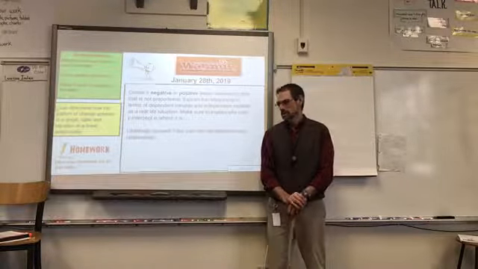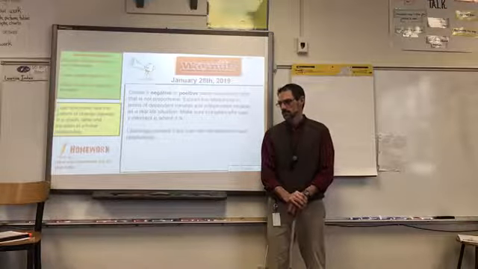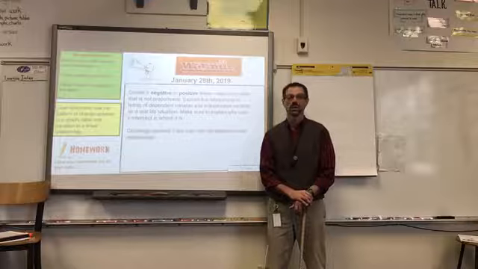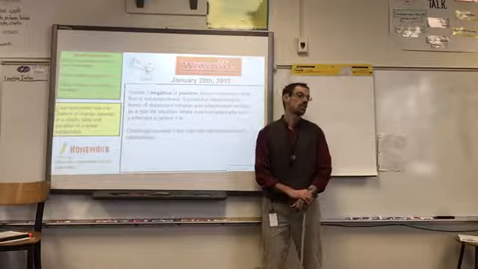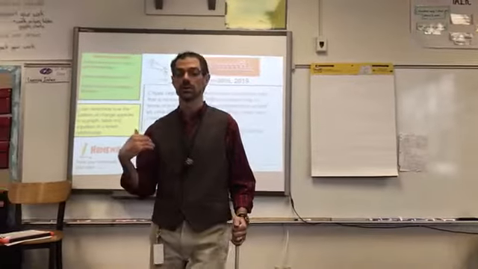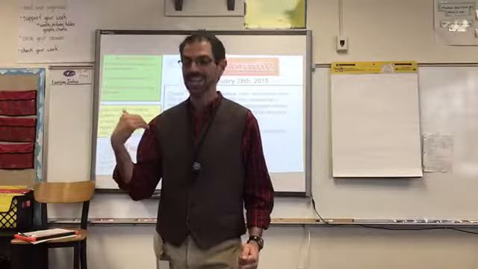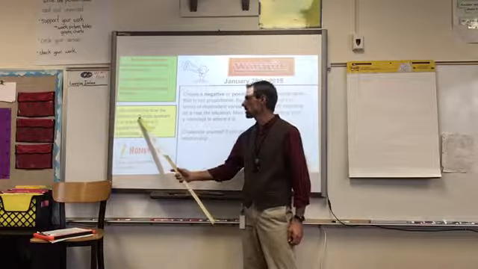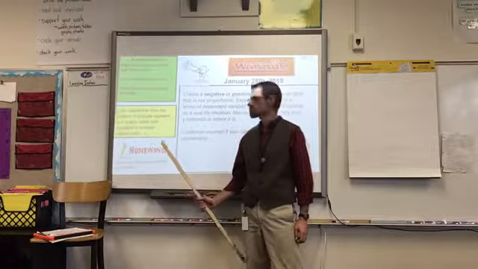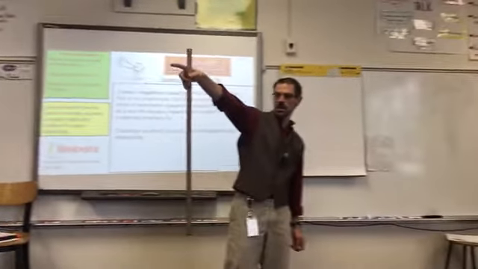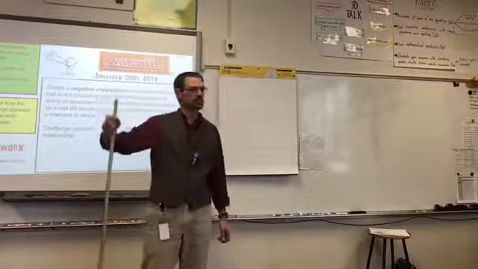Create a negative or positive linear relationship, which means it has to have a pattern of change. So now you're going to have to identify and determine the pattern of change. And today we're really going to be looking at the tables. Any questions? No. Okay.